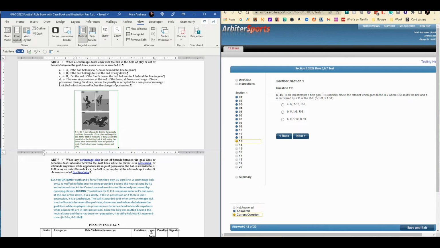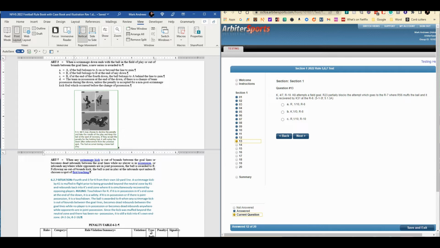All right, question 13. K 4th and 7 at the R10. K8 attempts a field goal. R23 partially blocks the attempt, which goes to the R7, where R56 muffs the ball, and it is recovered by K31 at the R8.